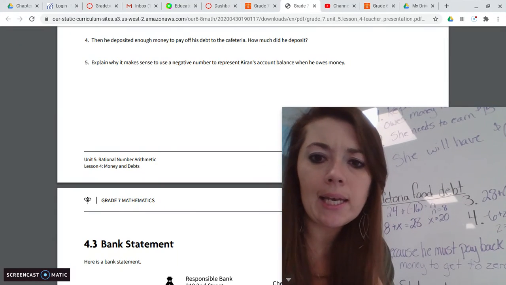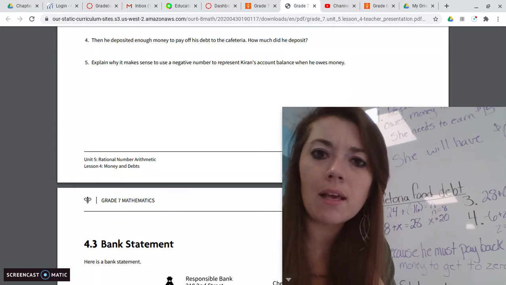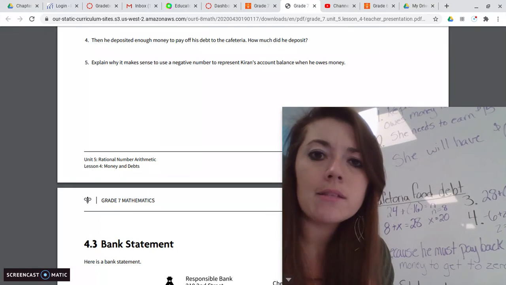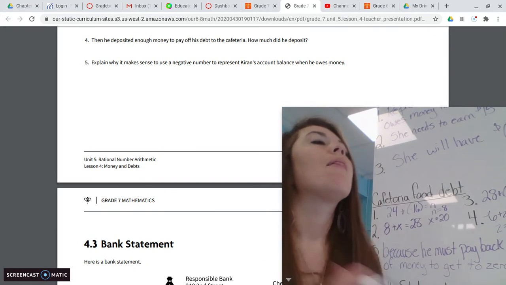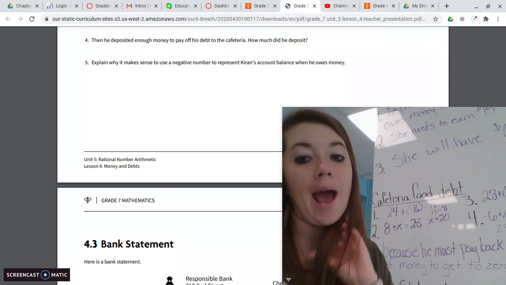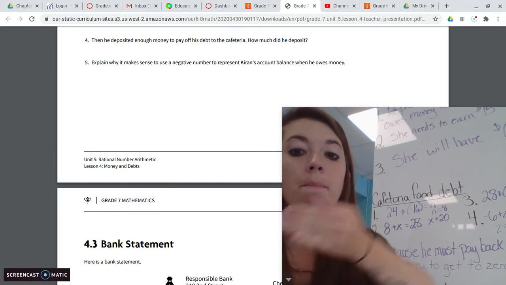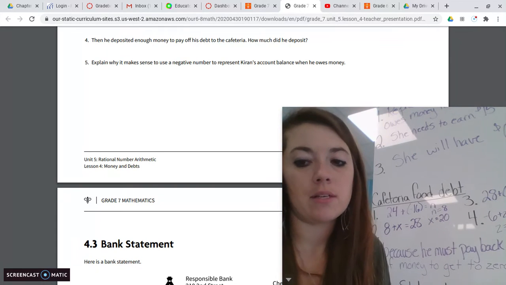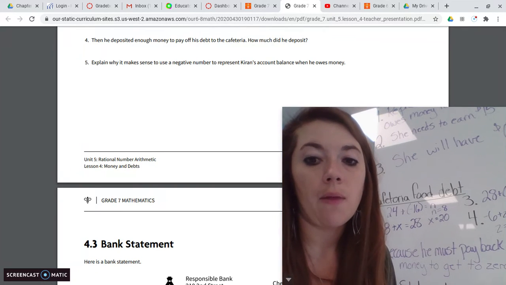He can't pay back a negative amount. That doesn't work. He'd be taking money from the cafeteria rather than giving them money for his debt. So we use the negative value to represent debt because it means this is how much you don't have, but you've spent. So you need to pay this back, pay back the positive amount of this. So that's really what it's looking at there.